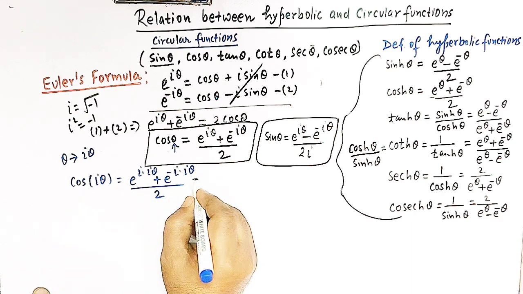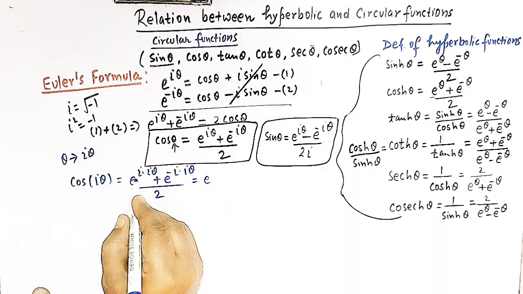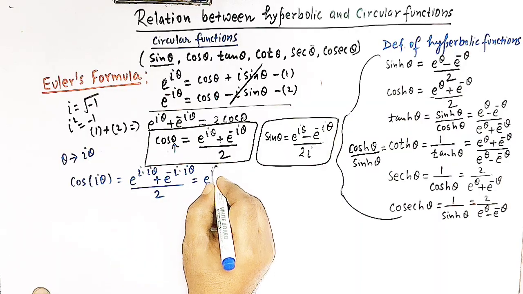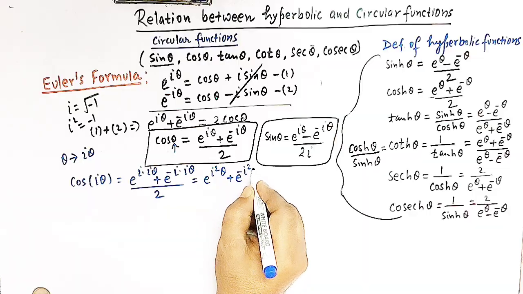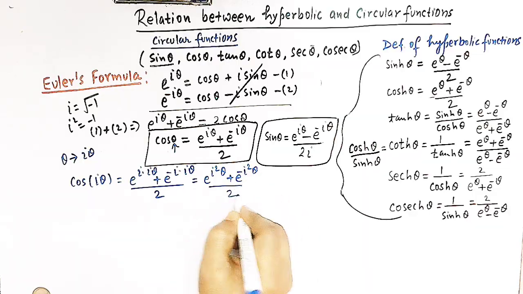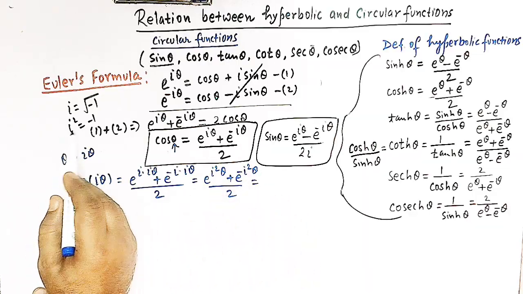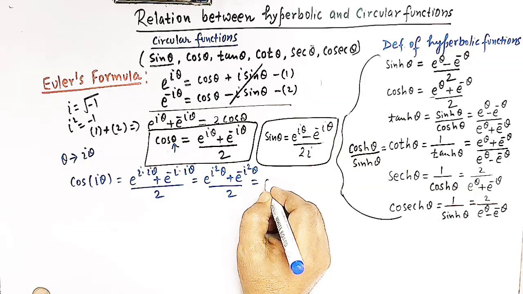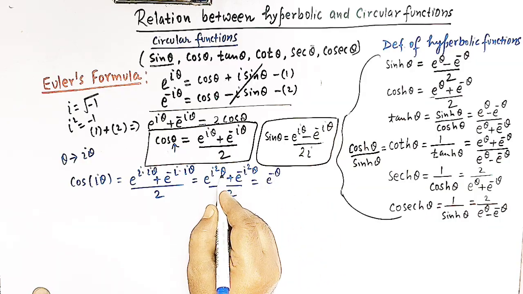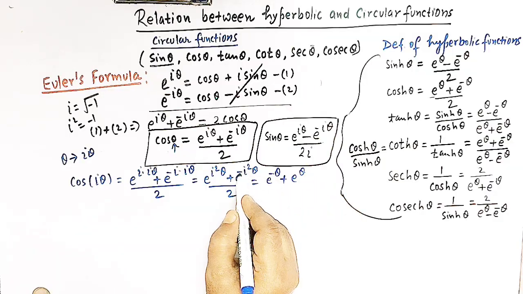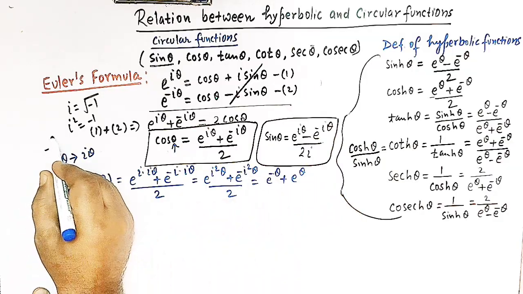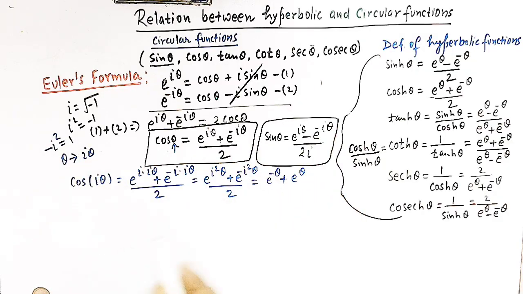Simplifying, i times i is i square, so we have e raised to i square theta and e raised to minus i square theta over 2. Now i square is equal to minus 1, so we have e raised to minus theta plus e raised to theta, because minus i square is equal to 1.